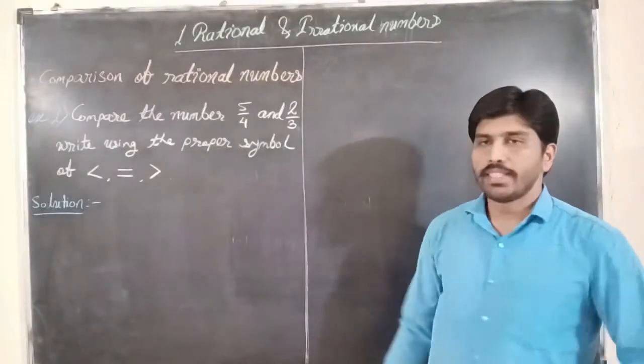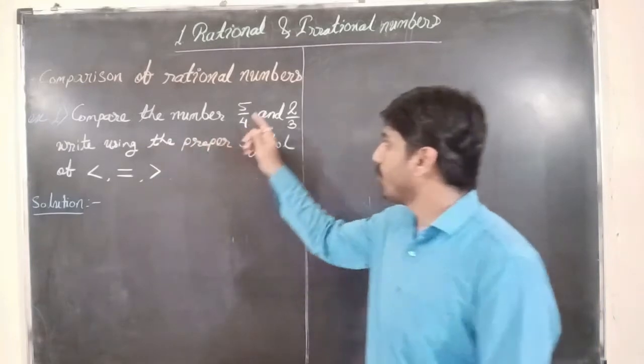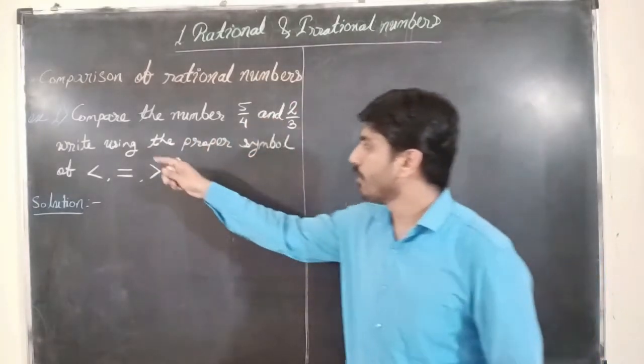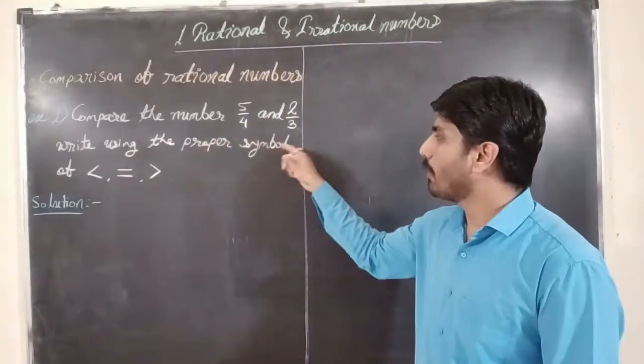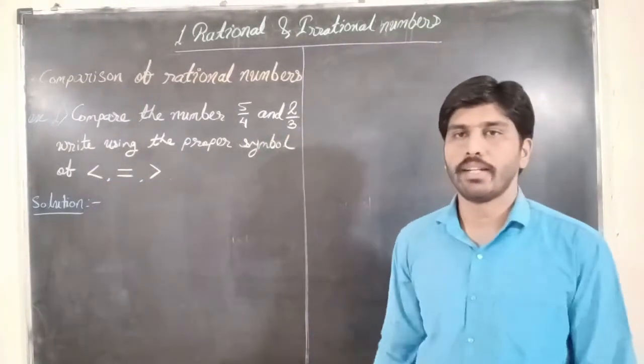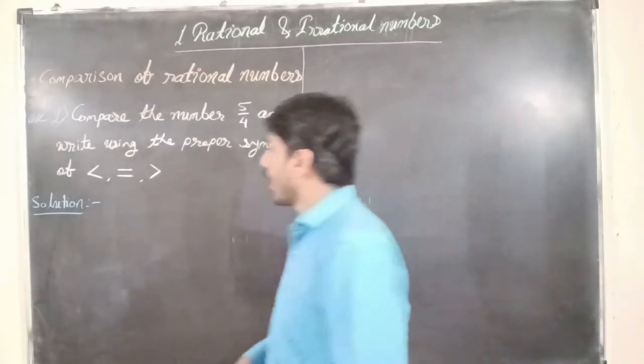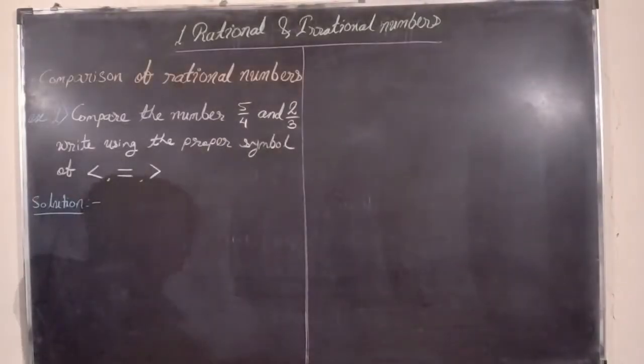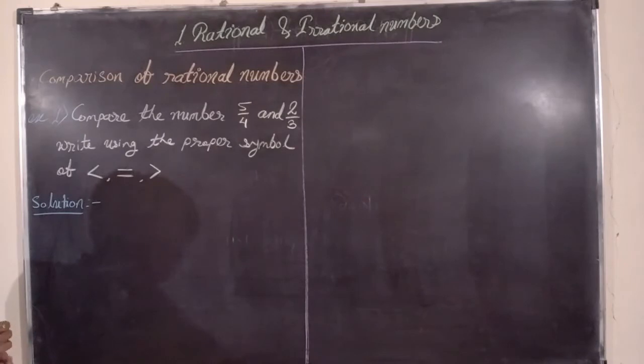Now we will try to solve this example. Compare the numbers 5 by 4 and 2 by 3. Write using the proper symbol of less than, equal to or greater than. Here we are going to compare two numbers.